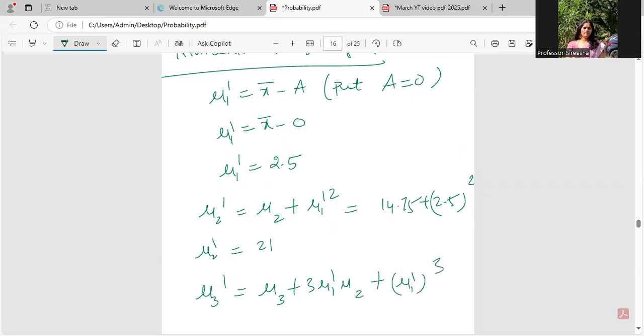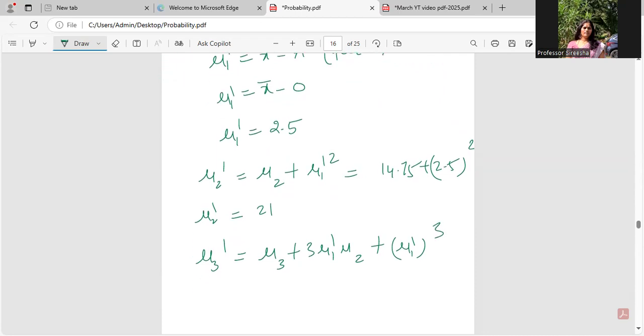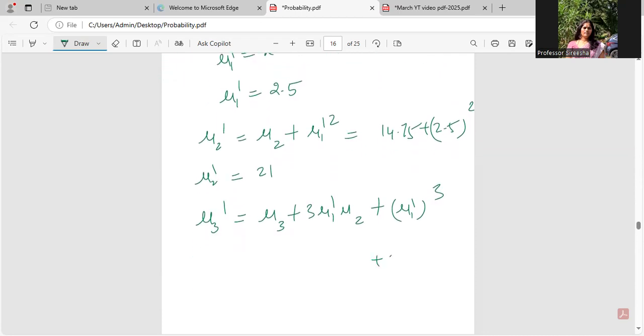Mu1 prime whole cube is 2.5 whole cube, and here it is 3 into 2.5 into mu2, which is 14.75, plus mu3, which is 39.75, also calculated in moments about mean. This turns out to be 166.